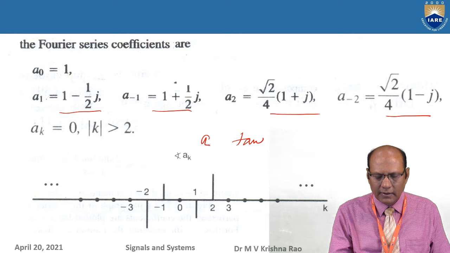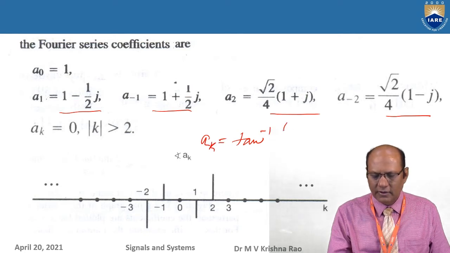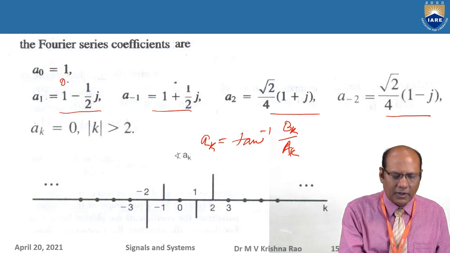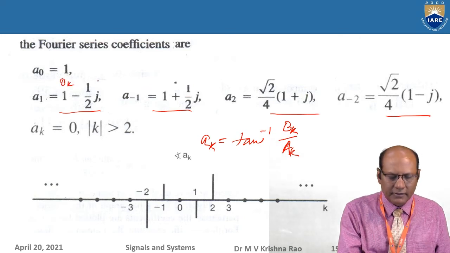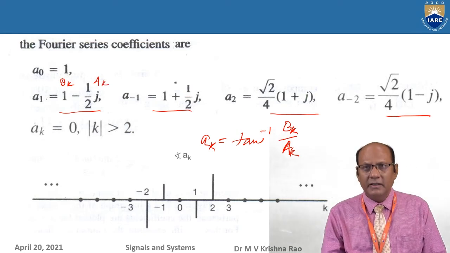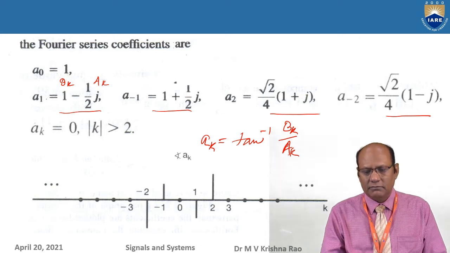Angle of AK equals tan inverse BK divided by AK. Okay, so tan inverse imaginary part divided by real part.